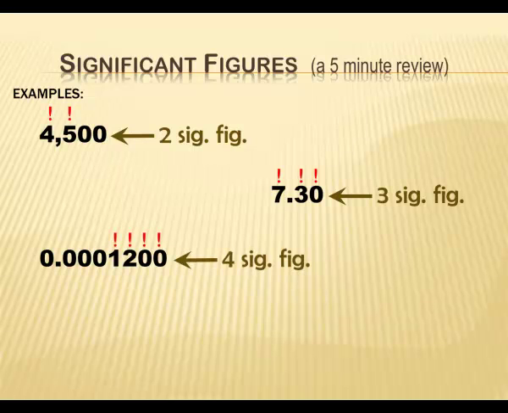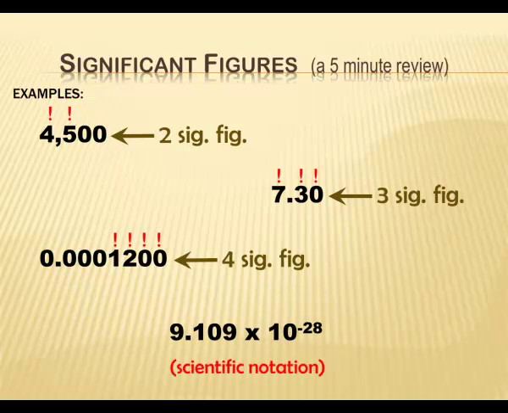The zeros to the right count because of the decimal point. The zeros to the left never count. So 4 significant figures. And then finally, how about this scientific notation number? The 0 in between counts, and in fact, the zeros to the left are represented by the scientific notation, 10 to the negative 28. So those don't count. Only 4 significant figures in that number.